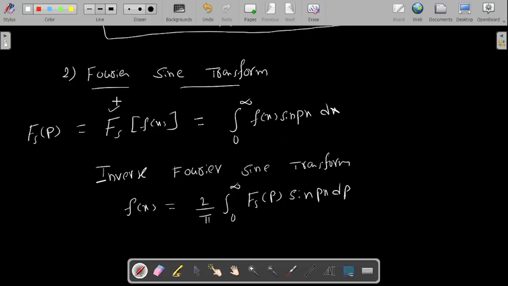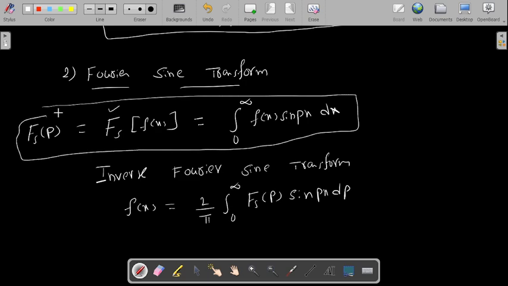Okay, this is the Fourier sine transform formula. That means whenever f of x is given and it asks for the sine transform, this is the formula. In reverse, if you want to get the original function f of x again, that is the inverse.